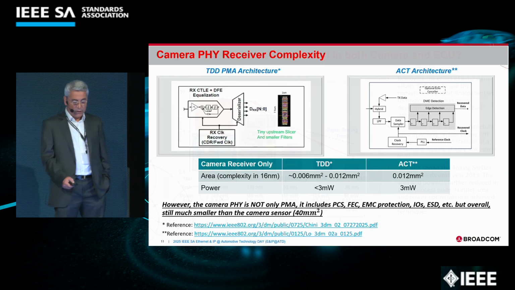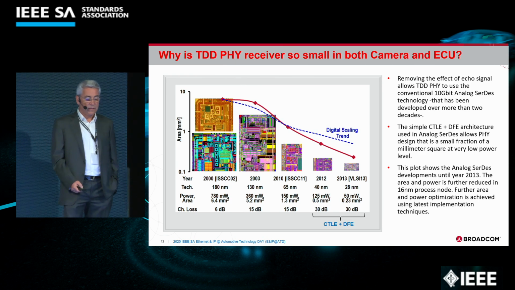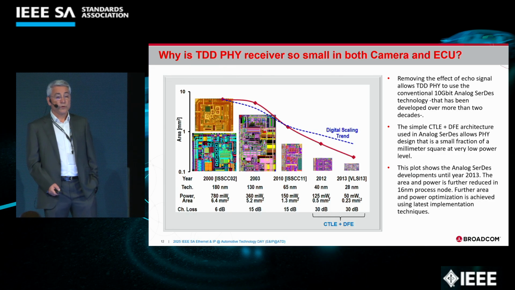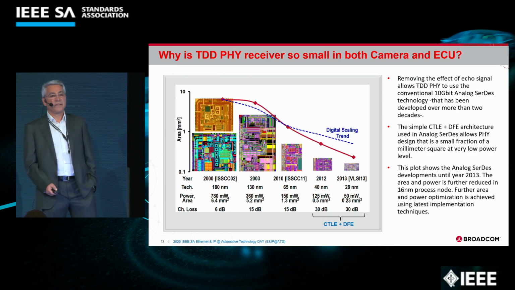On the other hand, the 10 gigabit SerDes technology in 2013 in 28 nanometer is about 0.03 square millimeters for this entire single port. So this is in line with the architecture that was discussed in IEEE.